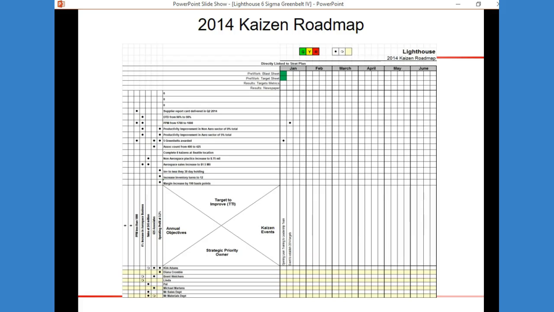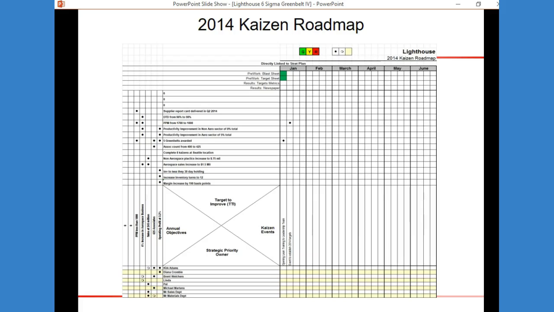So anytime there's a gap in there that you say, hey, I don't have anything scheduled that's directly related to the Hoshin Plan, I can fit other events in there as needed. But at least this way you're able to say, hey, my calendar's full and everything relates to a Hoshin target of some kind. So I'm always driving my improvements towards what the strategic plan is.